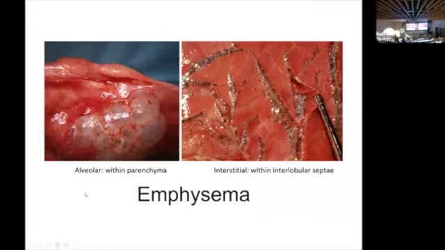So here's what that looks like. Again, alveolar is within the parenchyma, so these are actually large bullae here. Versus interstitial, the parenchyma is normal, but the interlobular septa have all these bubbles, and that's extremely common in large animals, especially cow.